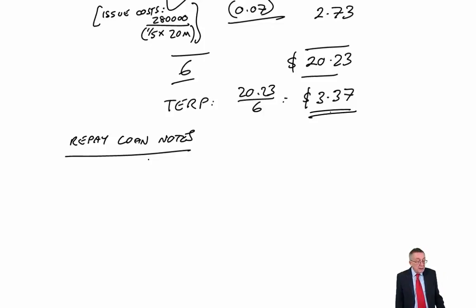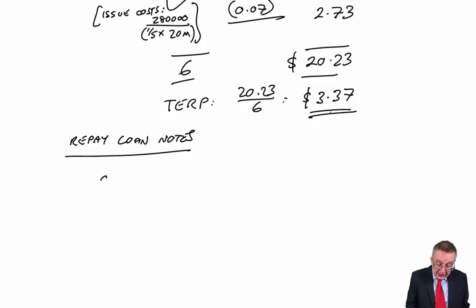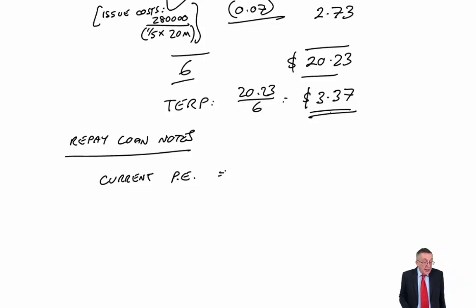Now, what is the PE ratio? The PE ratio is the market value divided by the earnings per share. So what's the current PE ratio? Well, currently, the market value, the current share price is $3.50.